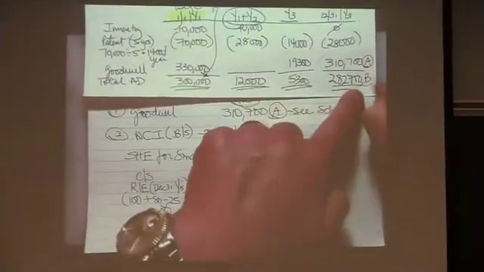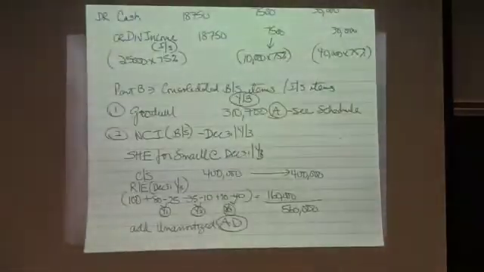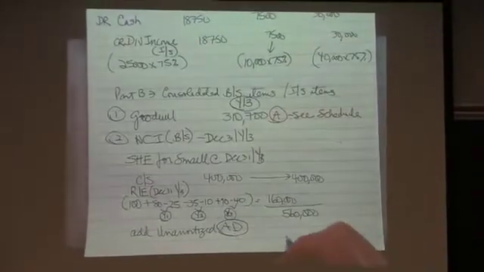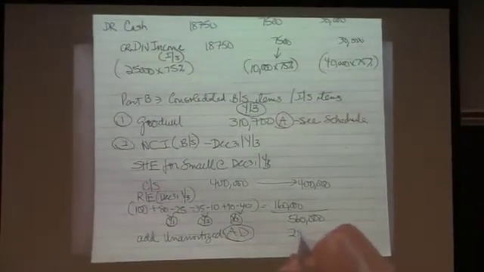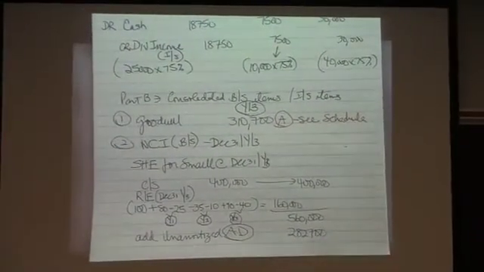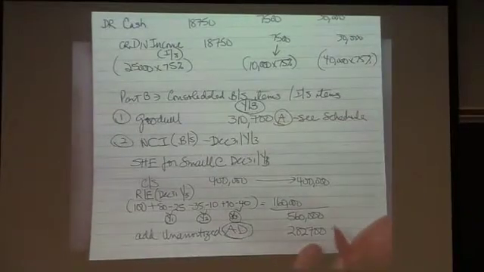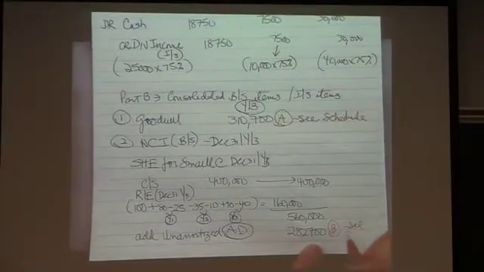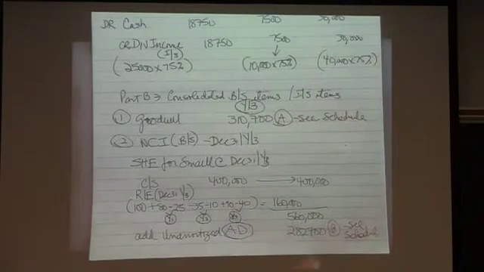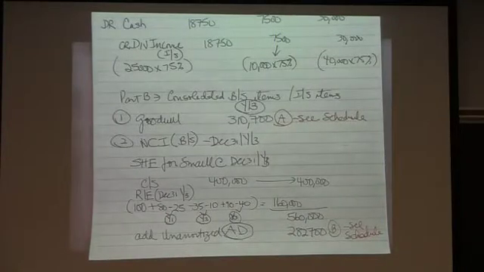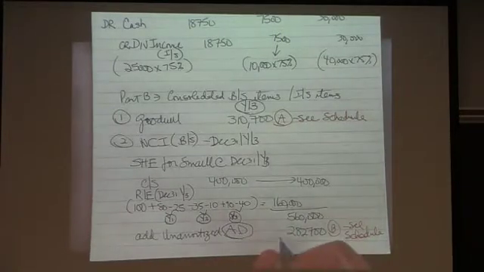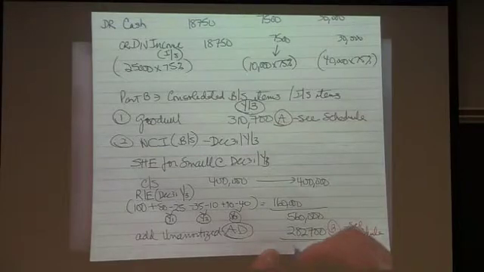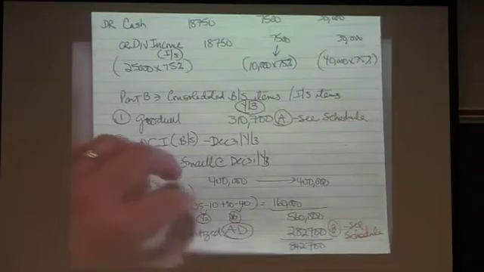So I'm going to label that B. And that was $282,700. I'm going to label that B. And I call that C schedule. And that gives me $842,700.